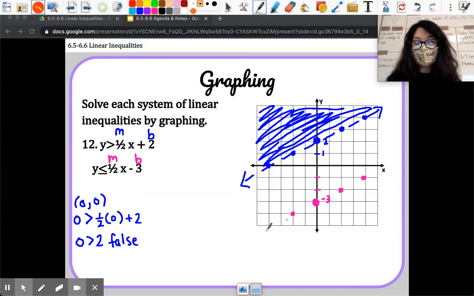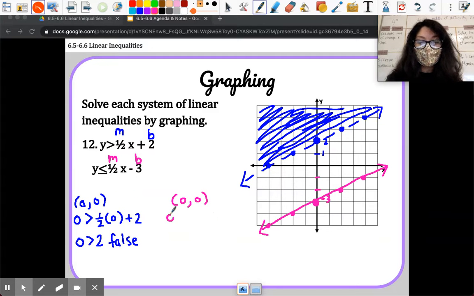Reverse the direction, go the other way. And in this case, I want a solid line because of that bar underneath. All of these points on this line are also solutions to that inequality. And now I need to figure out where to shade. 0, 0 is still a valid test point that I can use because it's not actually sitting on the boundary line.